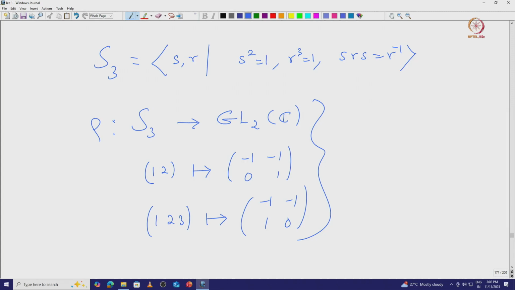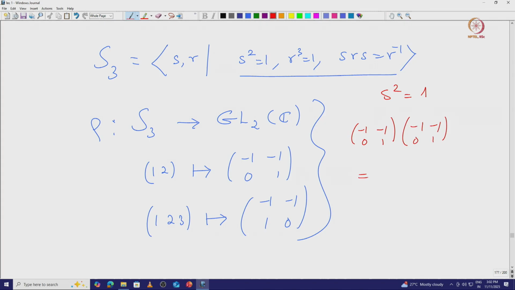So to check that it defines a representation, we need to just check these relations. Let us check only one relation. For example, we can check S squared is just 1. So we need to check that the square of the matrix (-1, 0; 1, 1) is exactly the identity matrix.